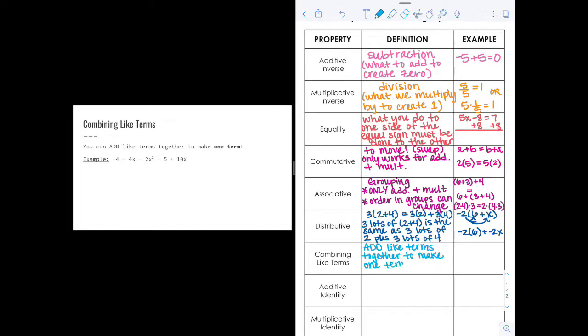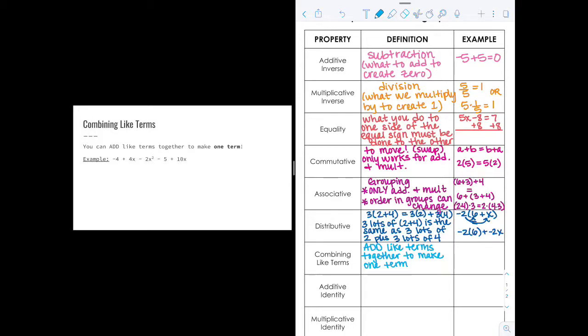Okay, this is very helpful when you are simplifying both sides of the equal sign. If you have any terms that look alike, you can go ahead and combine them as long as they are on the same side of the equal sign.